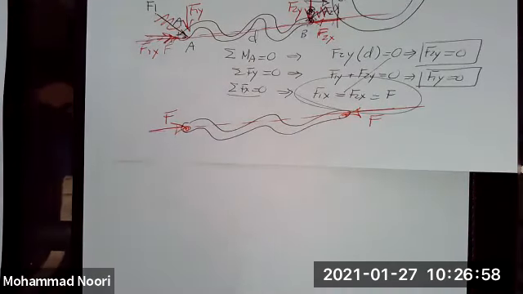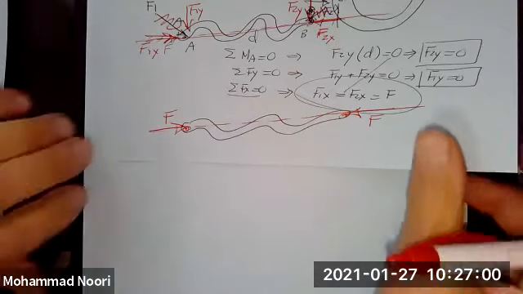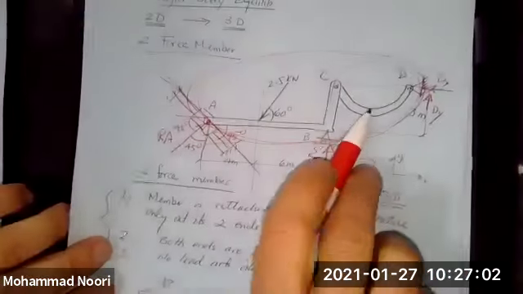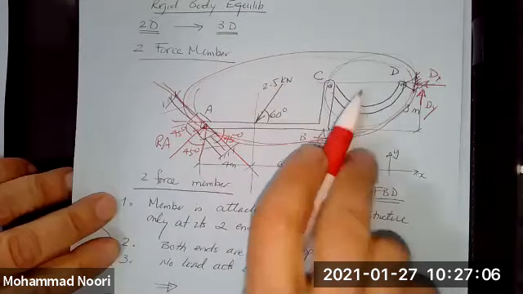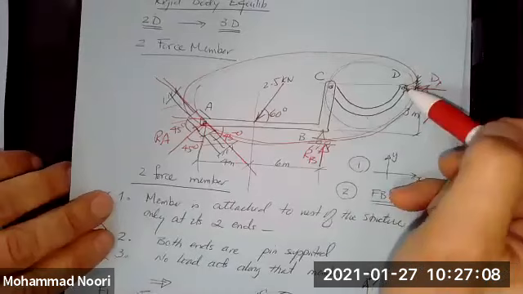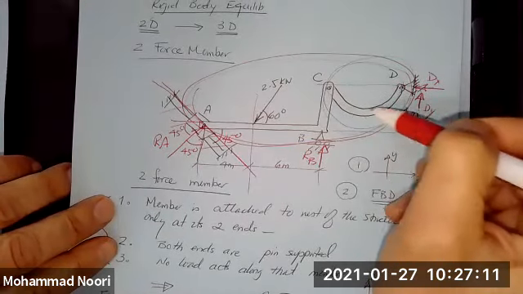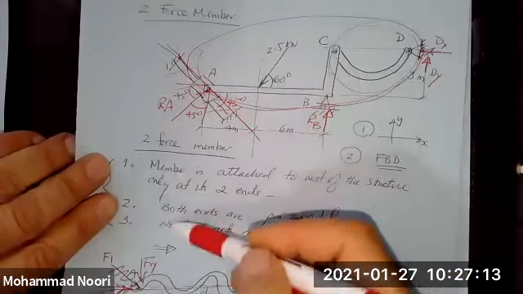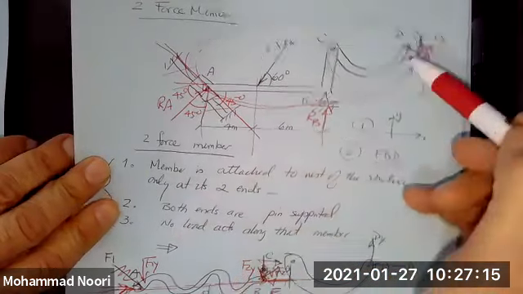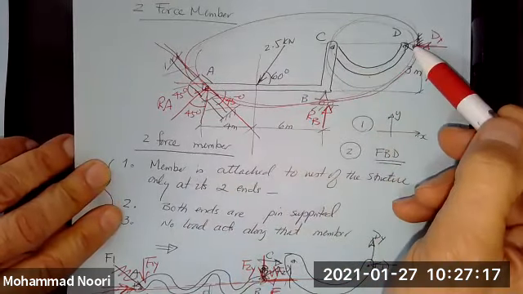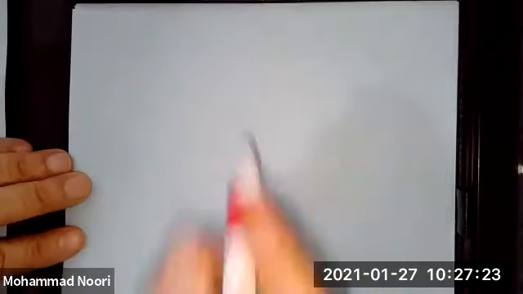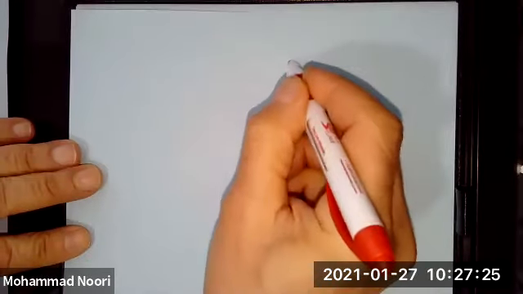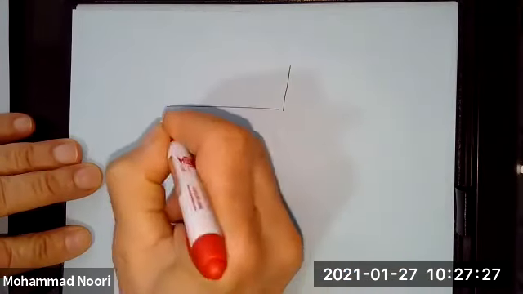With that said, let me now draw the free body diagram of this structure. That means since this member satisfies all these conditions, it is a two-force member. So I have two choices. I can either draw a free body diagram like this.